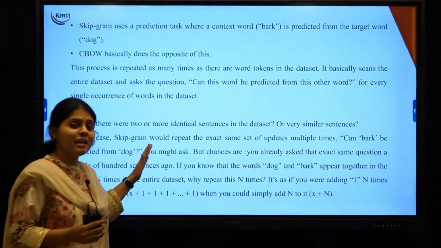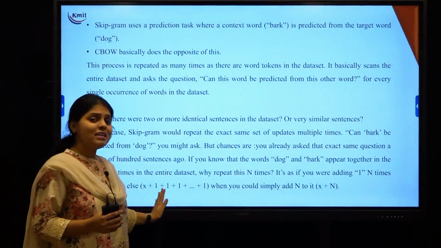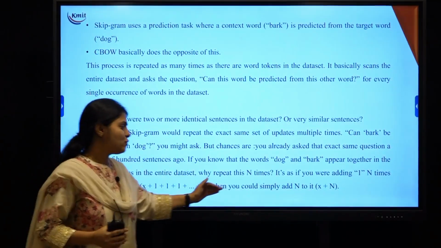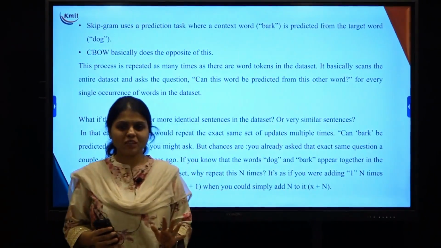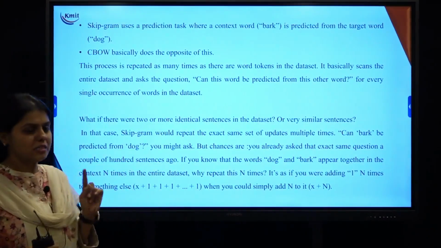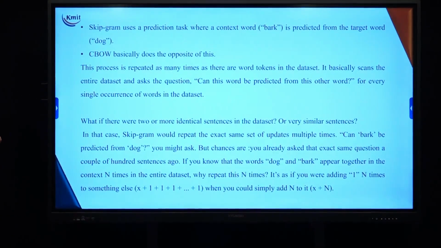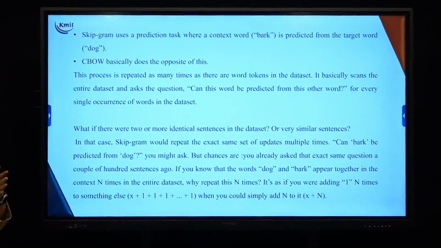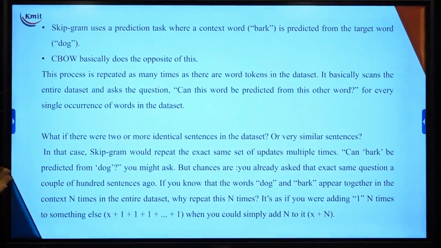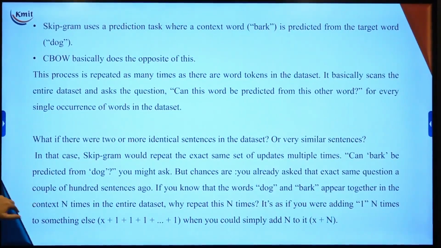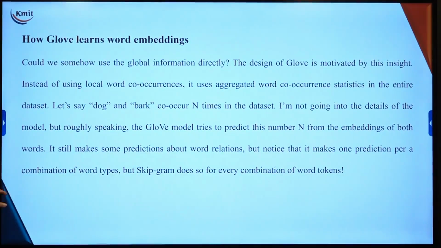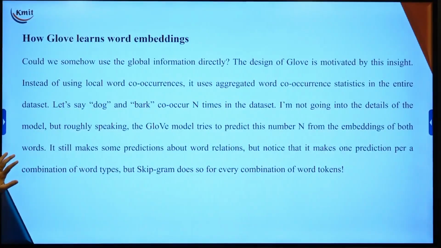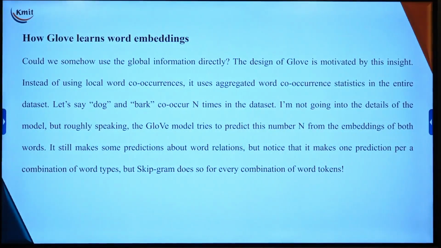If it is repeated n times, we are adding each and every repetition to the existing data set instead of just taking x plus n. So this is one limitation in the skipgram model: if a word occurrence is repeated multiple times, it is considered multiple times. Therefore, in order to overcome this particular disadvantage of the skipgram or CBOW model, we will go for the GloVe model.